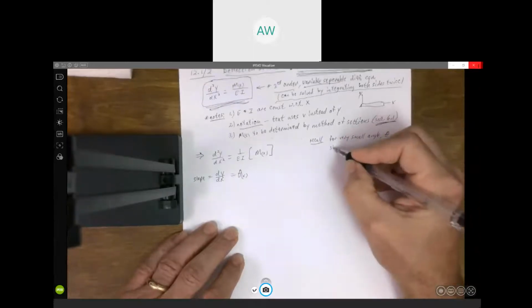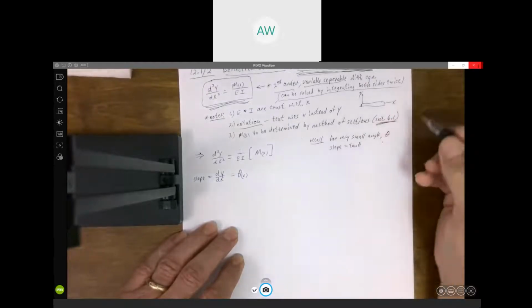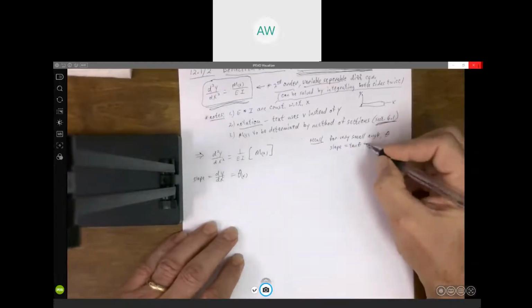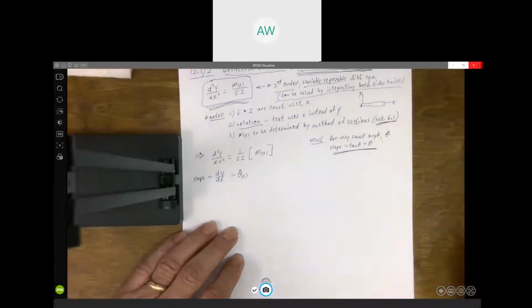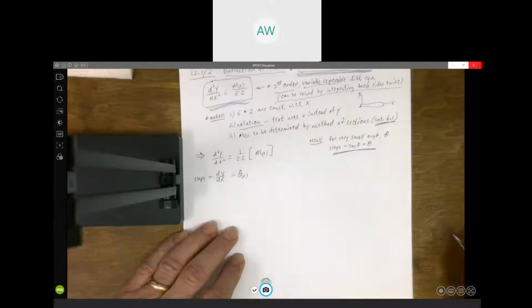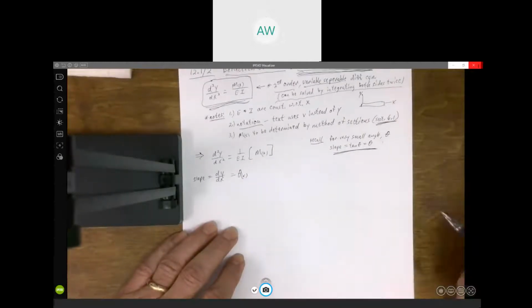the slope, which is just equal to tangent, right? That's opposite over adjacent, is essentially equal to the angle theta. All those we can kind of use interchangeably. And that's what dy/dx is. It's the slope.